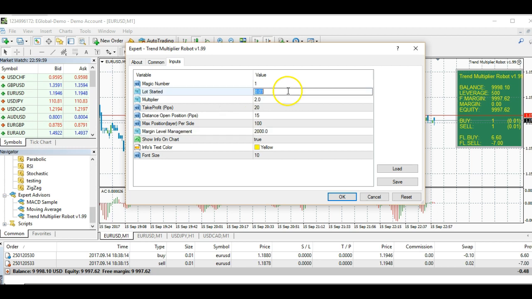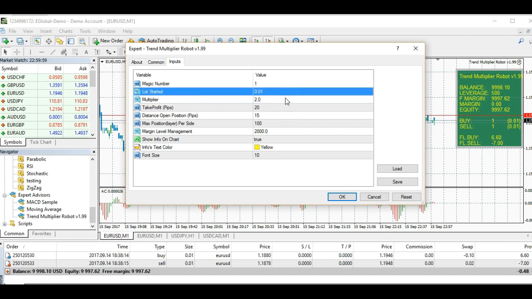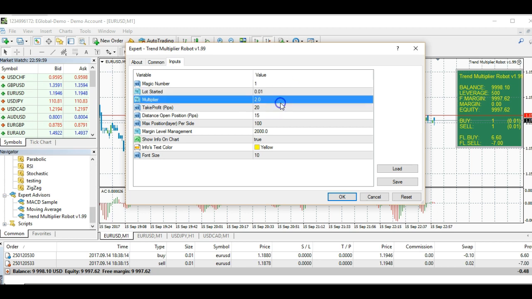Your lot started, you can change it to any, maybe 1 or maybe 0.02. It depends on you, depends on your risk. It depends on your capital. In our other videos, you can check the drawdown on every capital.